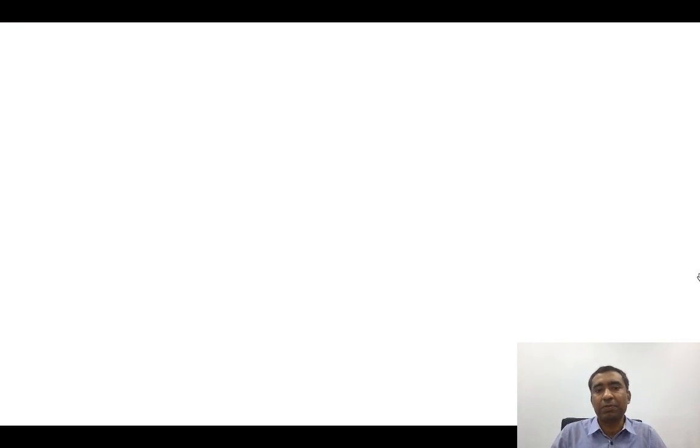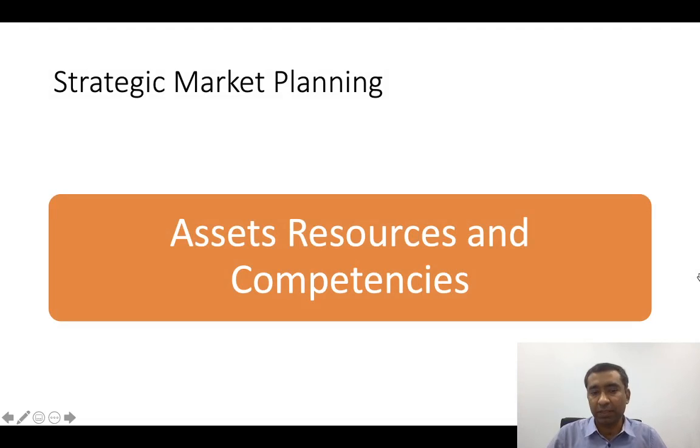So let's start by understanding the first step, which is assets, resources, and competencies. Organizations need to assess their internal capabilities and capacities, and use these competencies for competitive advantage.